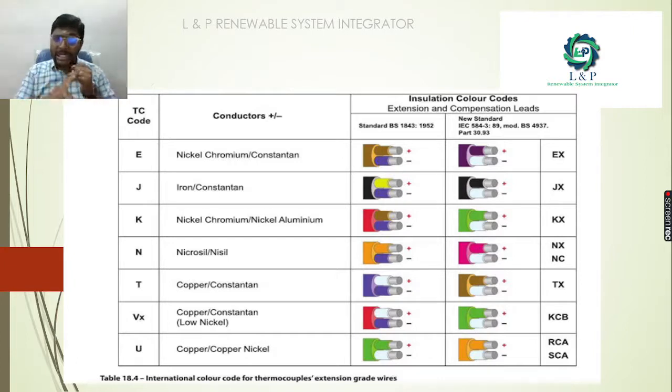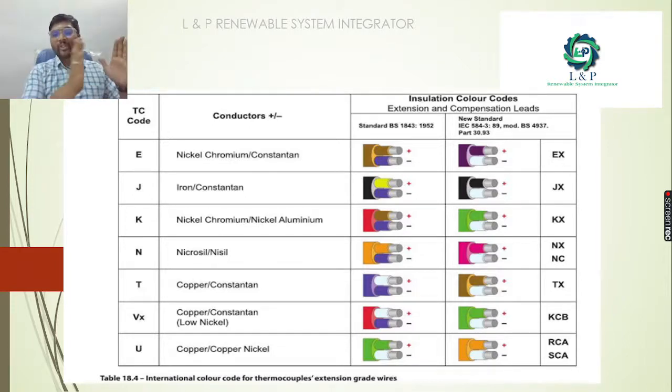If you're going for a nickel chromium constantan, it is a TC code, then you need to follow the BIS 1843:1952 standard. Nowadays, there are newer standards available, that is IEC 584-3:89 mod BS 4937 part 30:93.